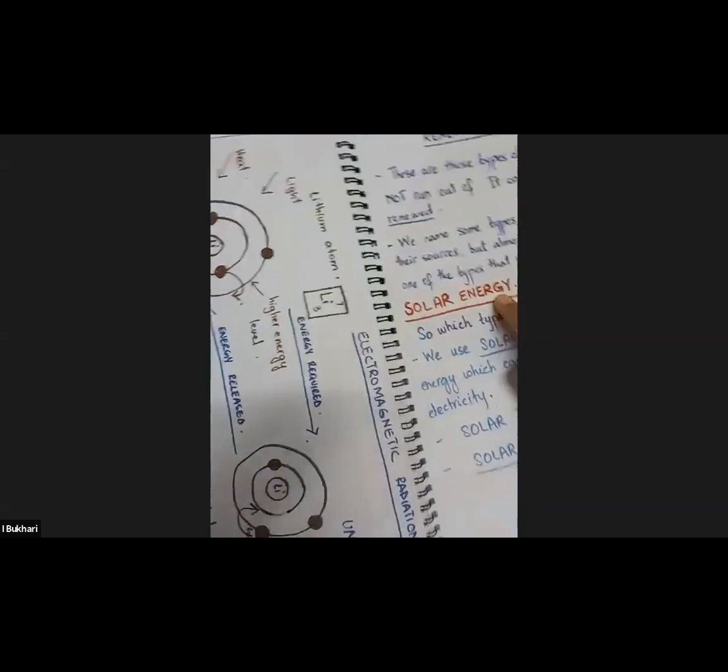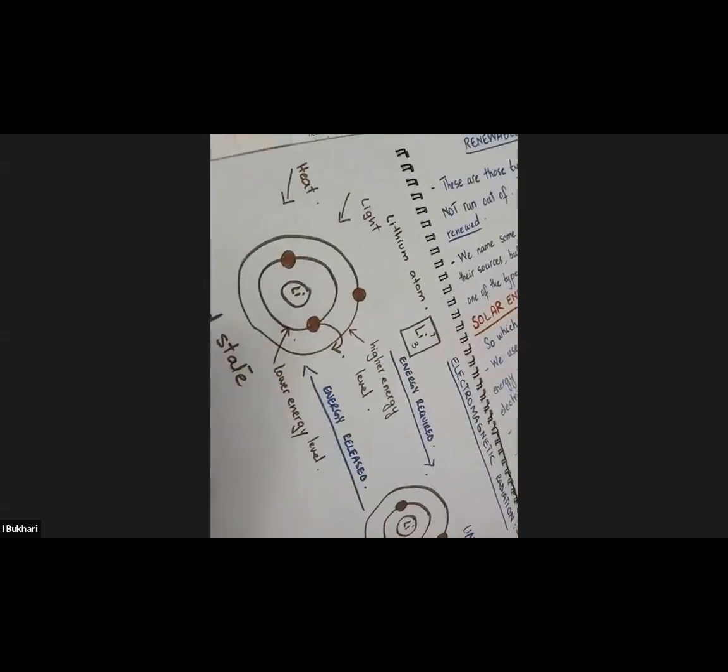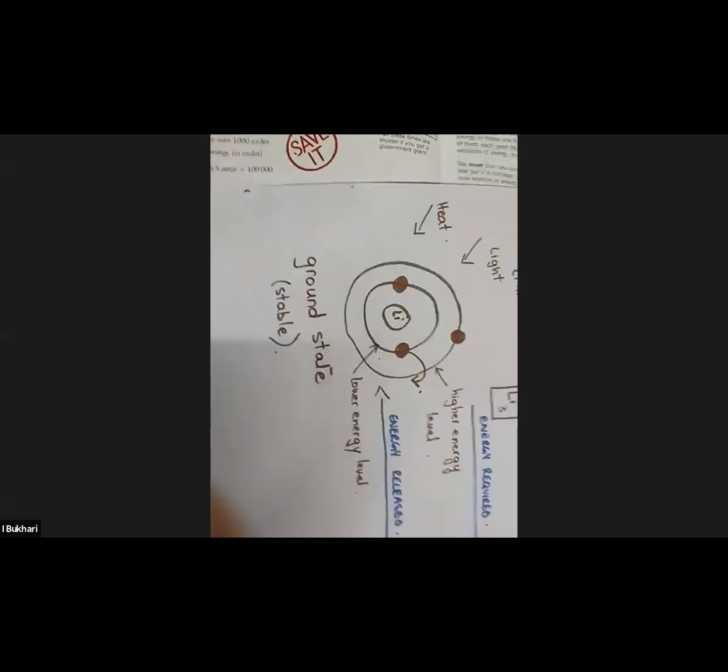Tell me, Sidra wants to answer. Potential energy? No. Aisha, nuclear? Well, you're close. Nuclear is converted into? Yes, you're correct. Sundus said electromagnetic radiation. Yes. So solar energy is actually electromagnetic radiation.